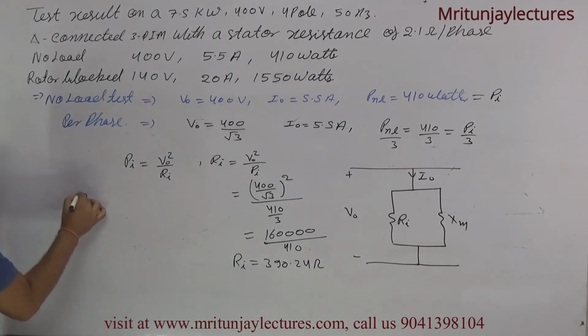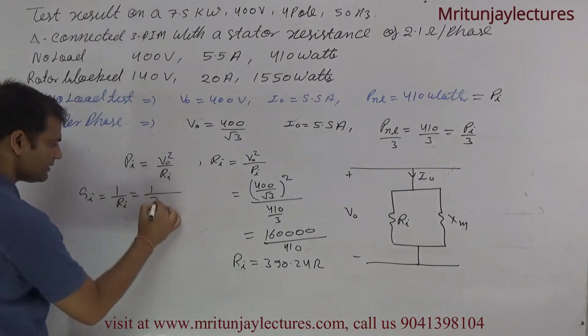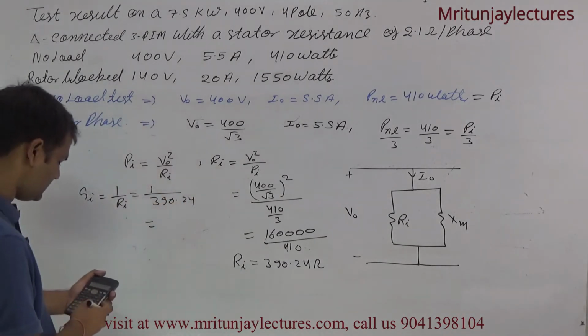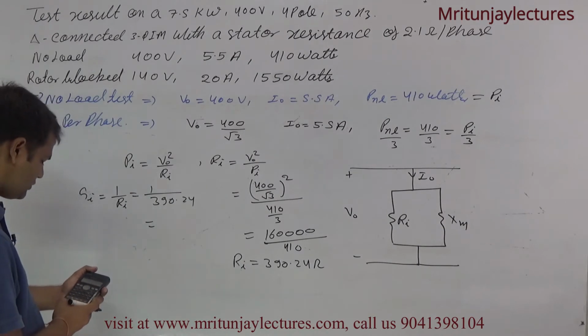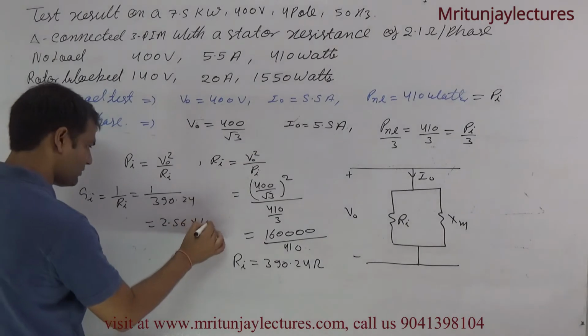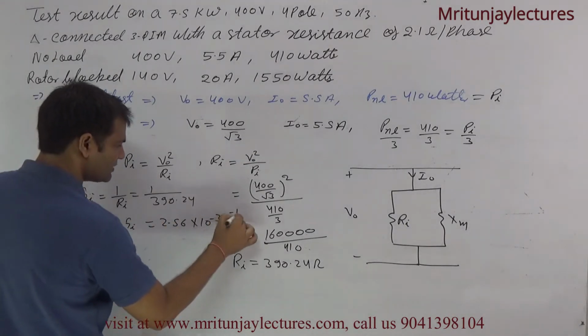What about Gi? I know that Gi is 1 by Ri, so 1 divided by 390.24 is 2.56 into 10 to the power minus 3 ohm inverse, that is Gi.